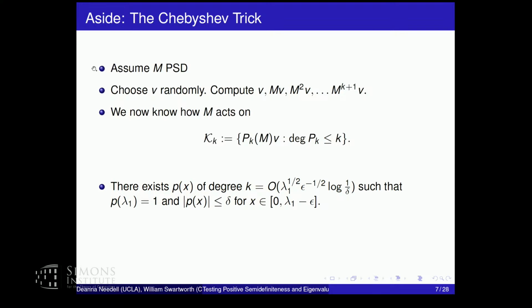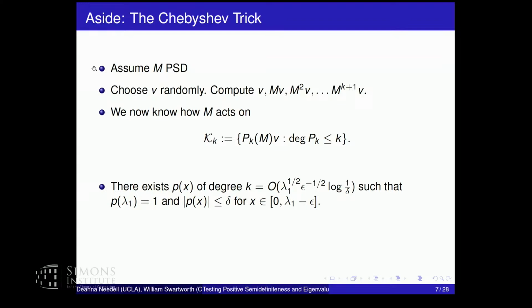And the nice fact here is that there exists a polynomial P of degree k, where k is square root lambda 1 times 1 over root epsilon times log 1 over delta, such that this polynomial is going to evaluate to 1 on the top eigenvalue.